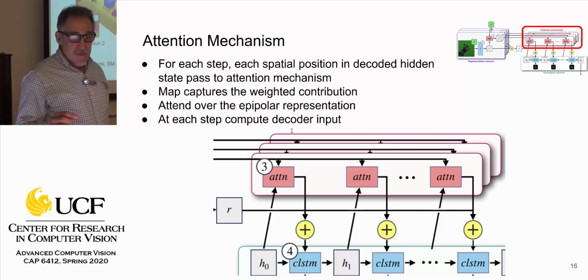And H is providing the spatial positions, and then the attention map captures the weighted contribution for all of the tensors within the three-dimensional tensors for each context image, feeds that back down to the convolutional LSTM, combined with the representation of the image itself, the context image from the previous slide. And so it keeps iterating like that.